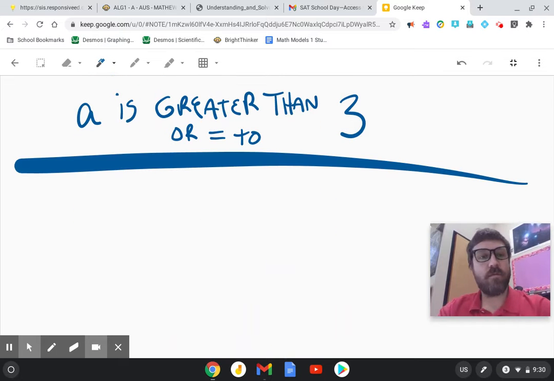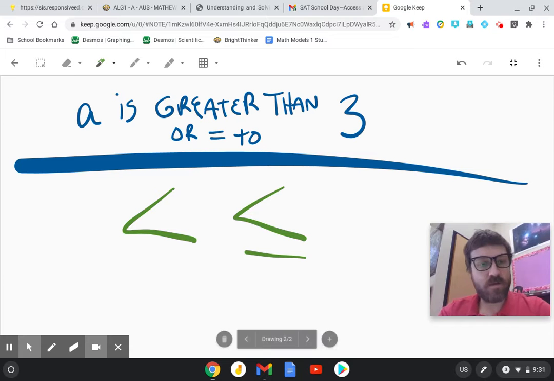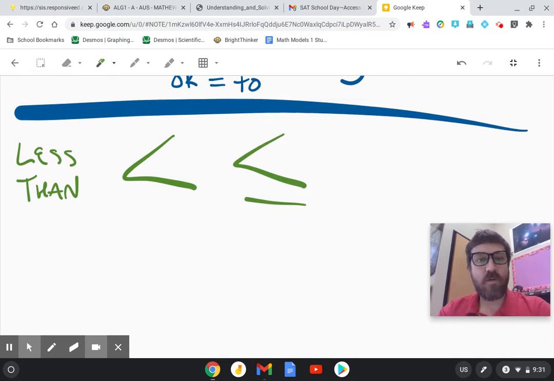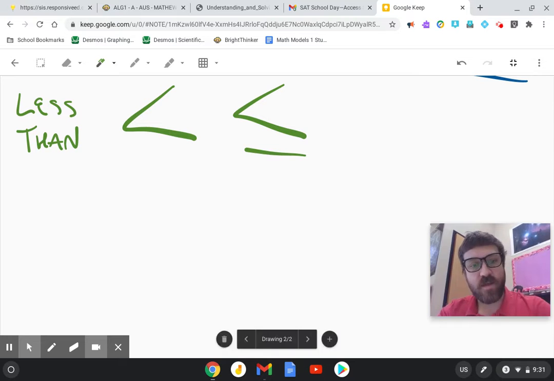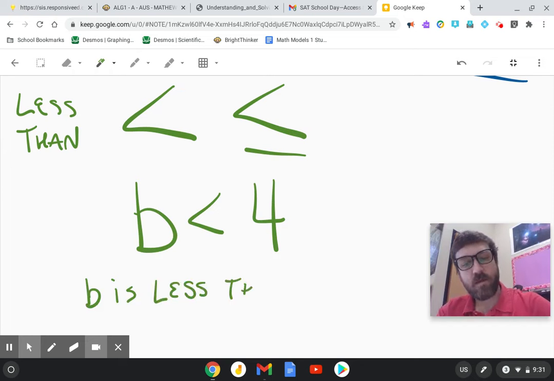All right. We also have symbols for less than. There you go, the opposite direction. And these are symbols for less than. So, for instance, if I said that B, this would read B is less than 4.